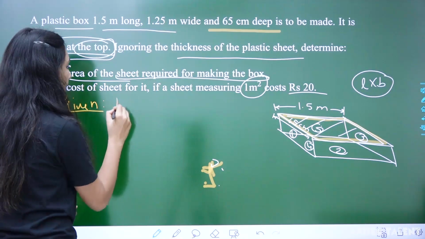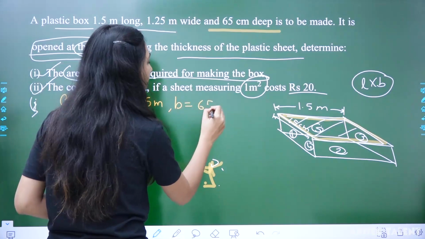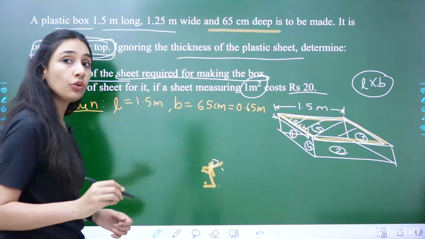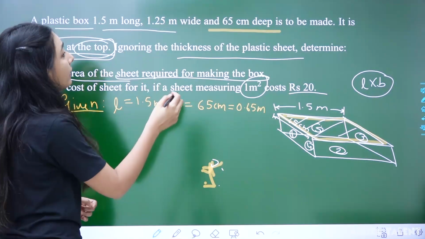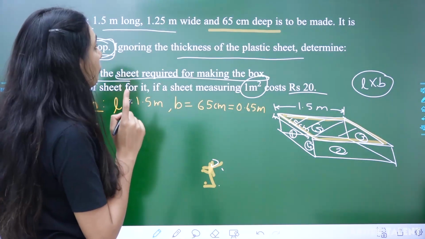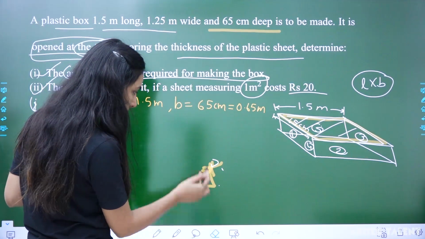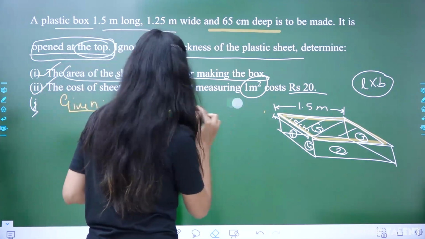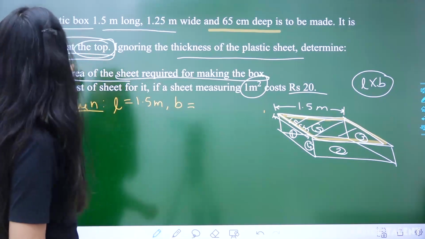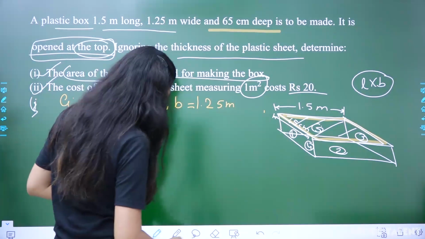Now first, let's write down the given things. Given: length 1.5 meter, width equals 1.25 meters. I've told you, be very specific about the units.